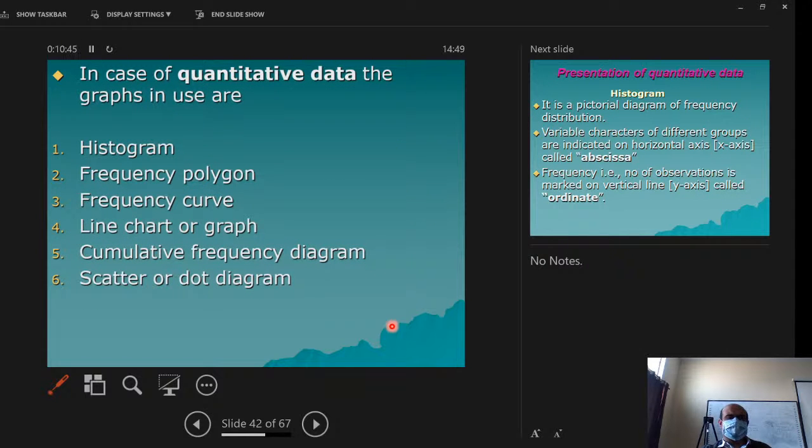If the data is quantitative, the graphs which are used are histogram, frequency polygon, frequency curve, line chart or graph, cumulative frequency diagram, and scatter or dot diagram.